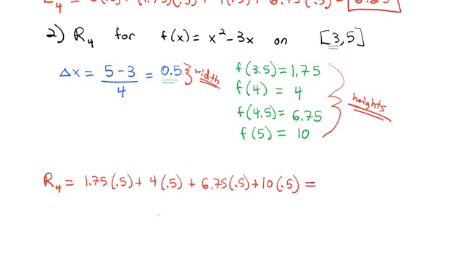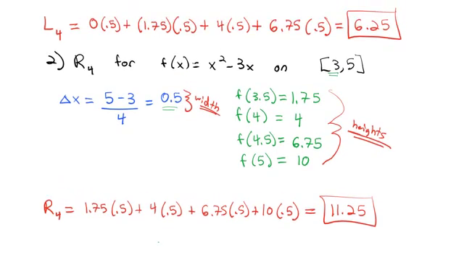And when we add all that up on our calculator, we get about 11.25. So estimating with 4 rectangles on the right, we think we have an area of 11.25. The truth is somewhere in the middle between 6.25 and 11.25, and we'll talk about how to find the actual exact value in future lessons.